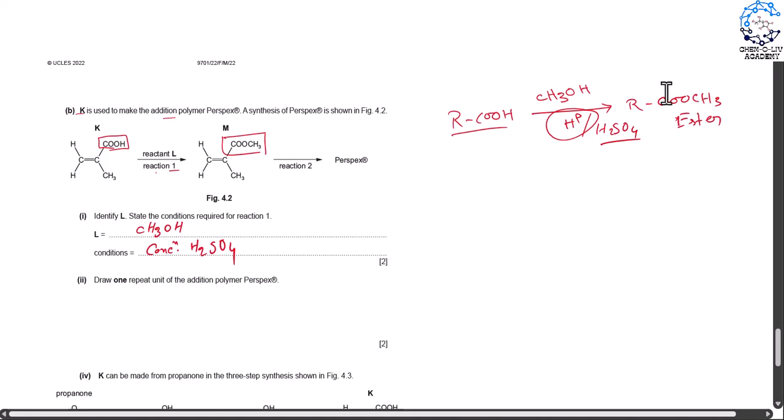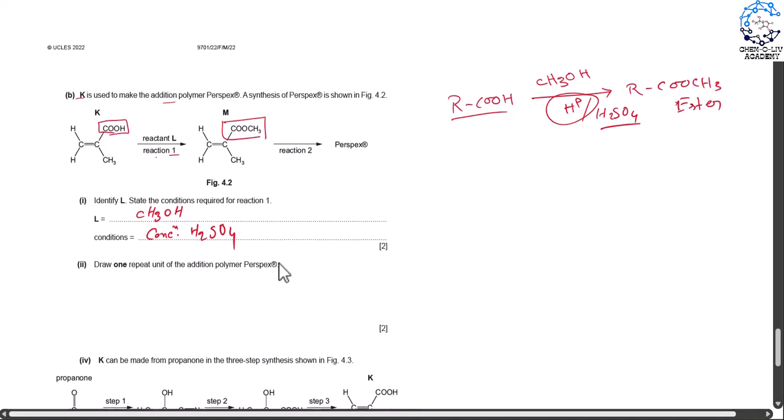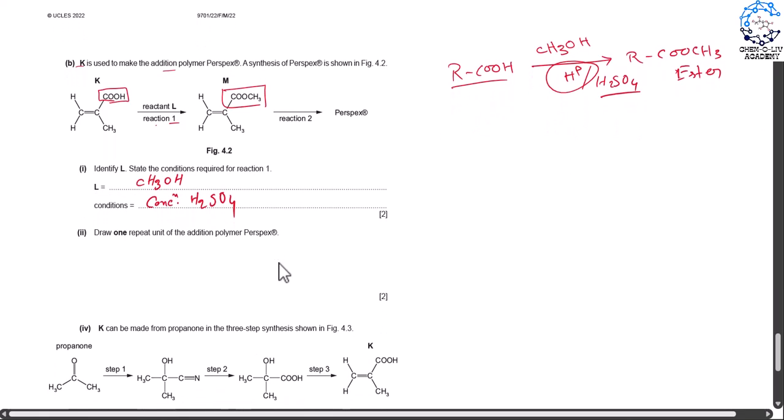Draw one repeating unit of the addition polymer of perspex. So K is used to make the addition polymer of perspex. So we have to take K. What you need to do is join the double bonded carbons. Let's say this is one unit.